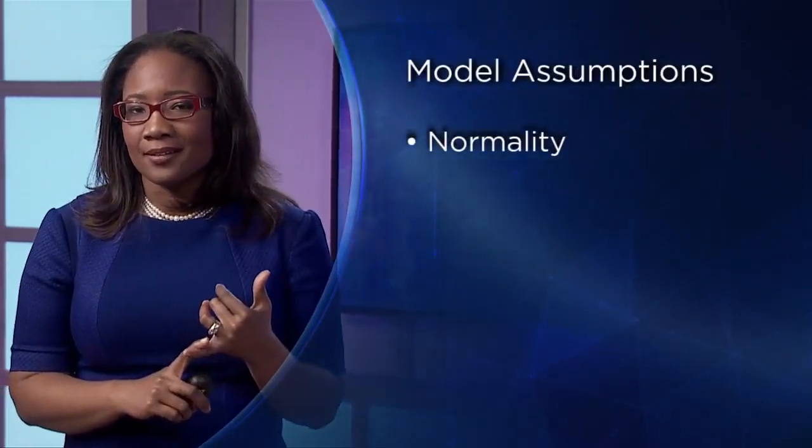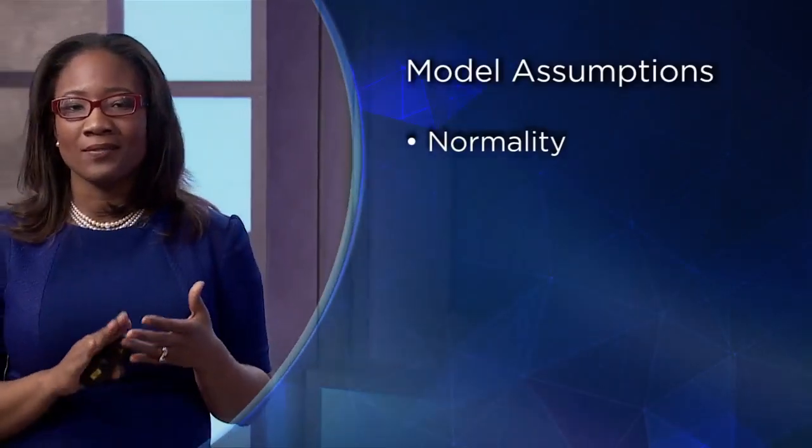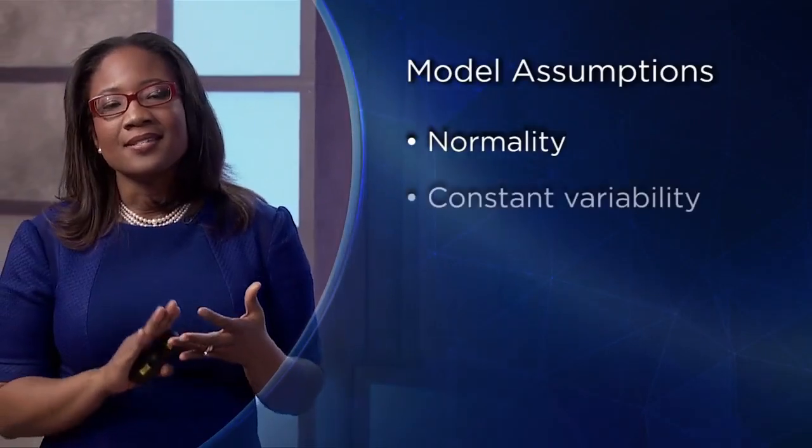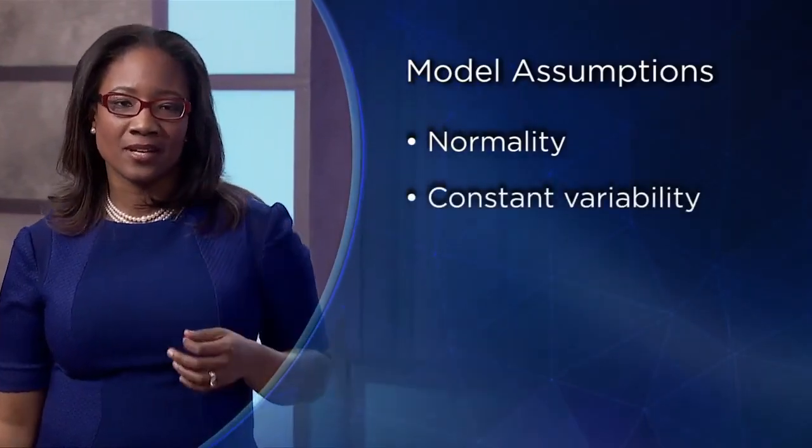Now, we can't forget to check our model assumptions. Remember, we made a couple assumptions about especially our residuals. We assume normality, right? And so in order to check for normality, we'd actually look at a QQ plot of our residuals. Second, we have to check for constant variability. And again, this shows up in our residual plot.